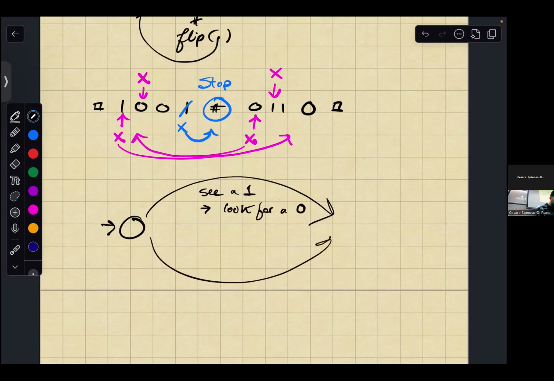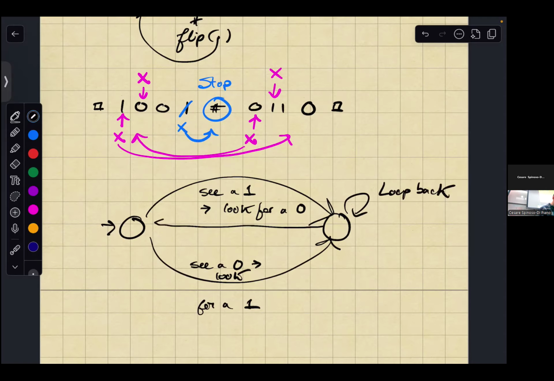And I'm also going to have the logic for: I see a 0, so I look for a 1. Then once I get to this common state here, I'm just going to loop back until I read an X. I'll move right, and then I'll start my loop again here.